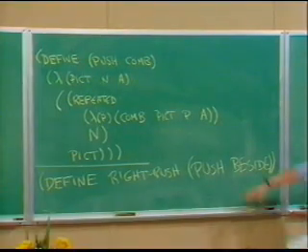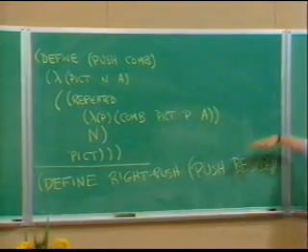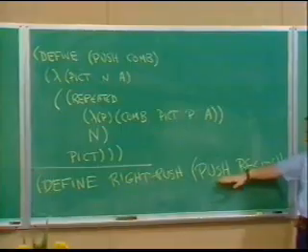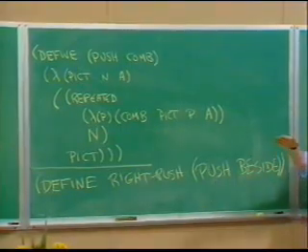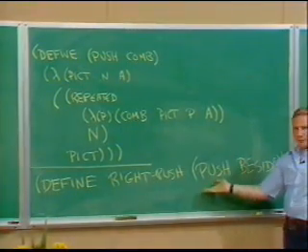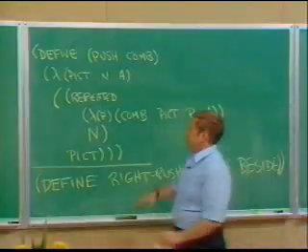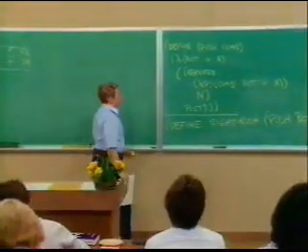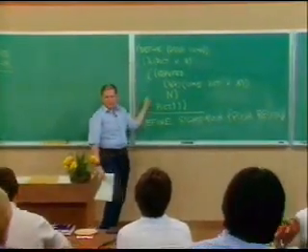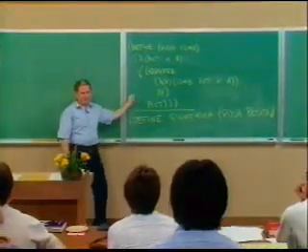Or if I said define up push to be push of above, I'd get the analogous thing, or define corner push to be push of some appropriate thing that did both the beside and above, or I could push anything. Anyway, if you're having trouble with lambdas, this is an excellent exercise in figuring out what this means.